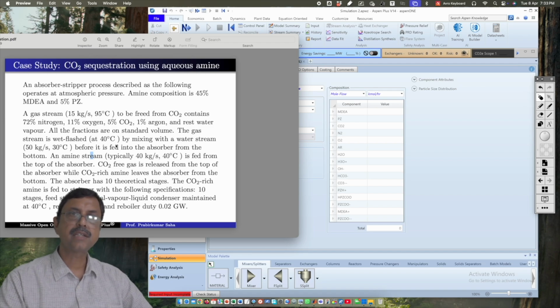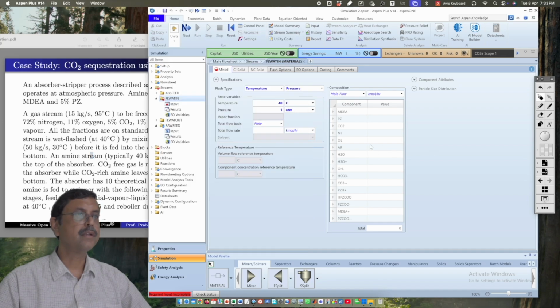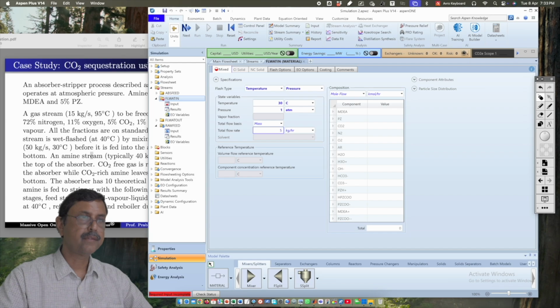So the flash tank temperature is 40, but the water stream is at 30 degrees centigrade. So it is 30 degrees centigrade and 50 kg per second.